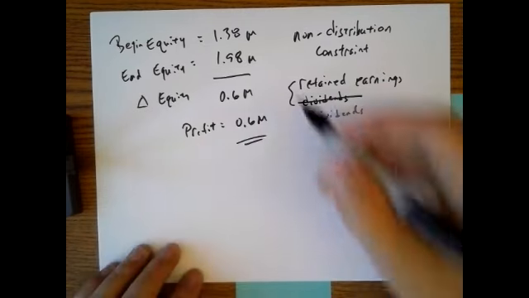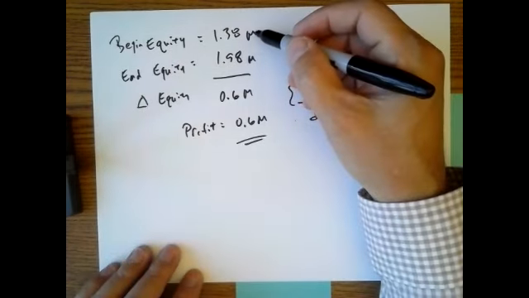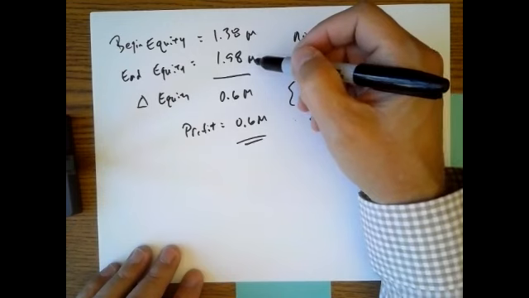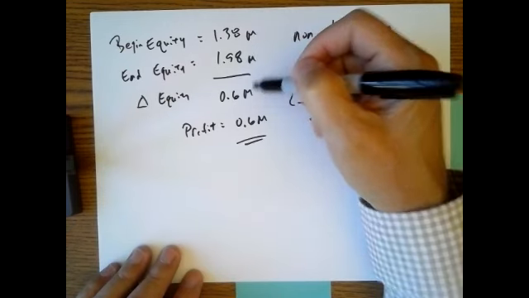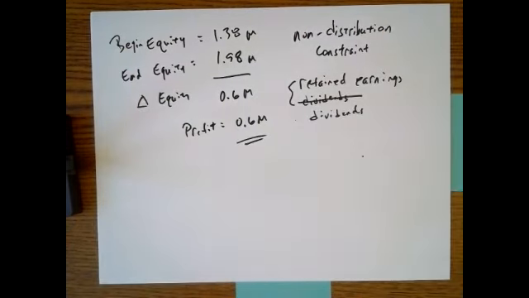So with the for profit, we started with 1.38 million, ended with 0.98 million. That must mean we had profits of 0.6 million. Now the underlying numbers are probably different because it's a for profit. They're going to pay taxes, but at the end of the period, the profits must have been 0.6 million. Okay, so no different between A and B part 1.